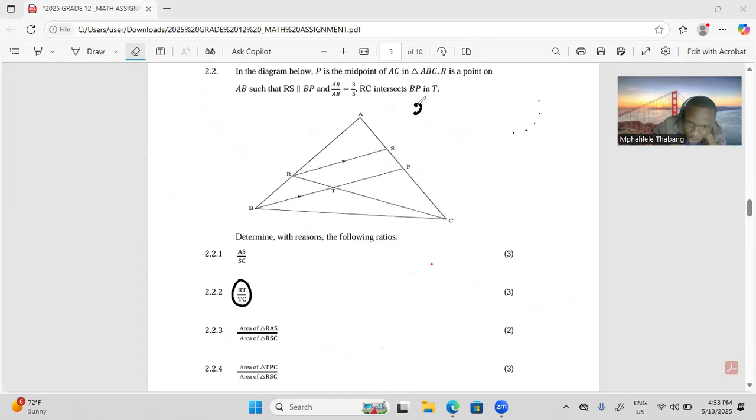2.2.3. So I'm going to look at the area of triangle RAS over the area of triangle RSC.